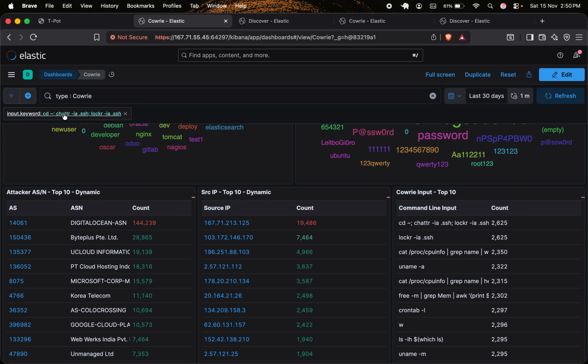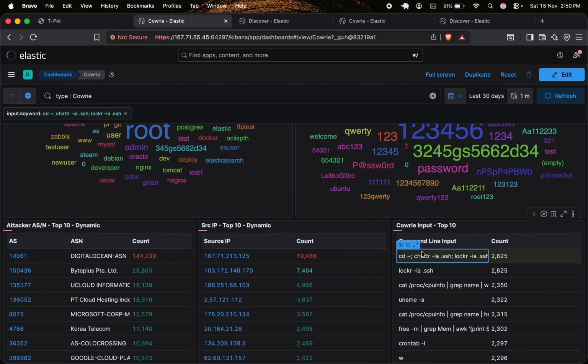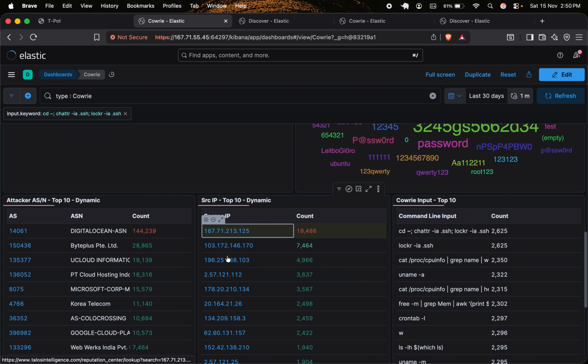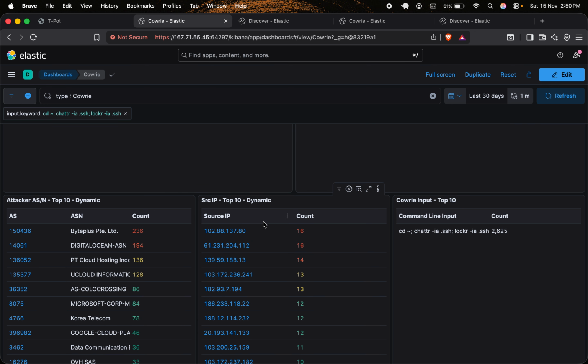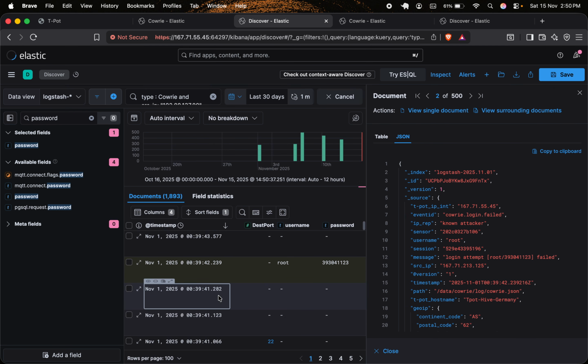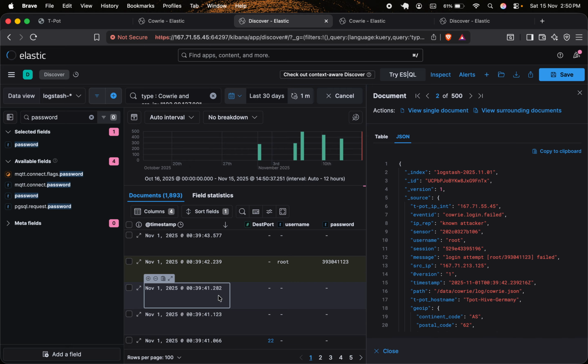Here I am filtering the data, and with this filtering we get the IP that tried this particular command. So these are some of the IPs. If I look at the IP that used this command, here are the documents filtered out with the details of this IP.